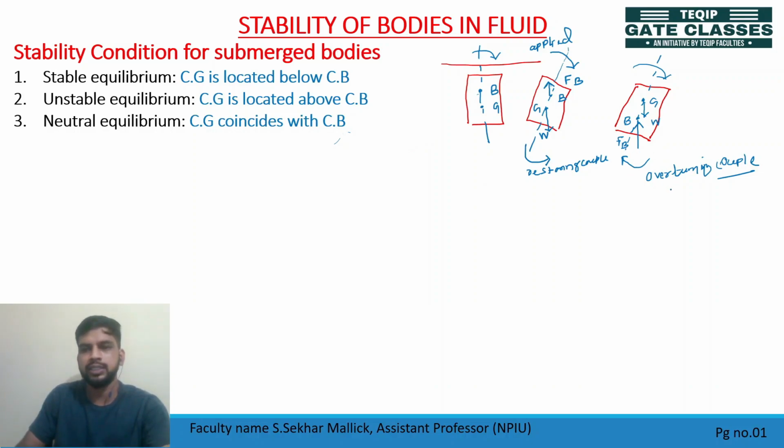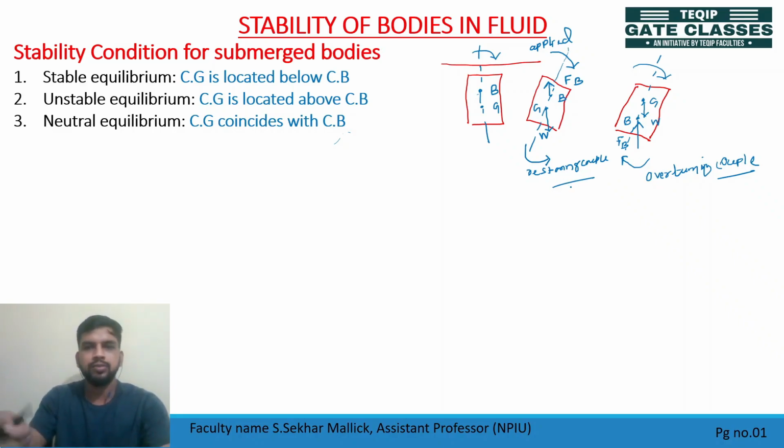It will not regain its original position. But when the center of buoyancy is above the center of gravity, or the center of gravity is below the center of buoyancy, there will be a matching restoring couple that helps it regain its original position.